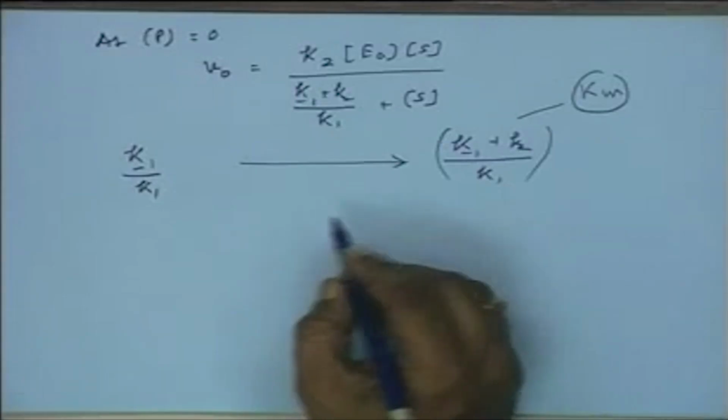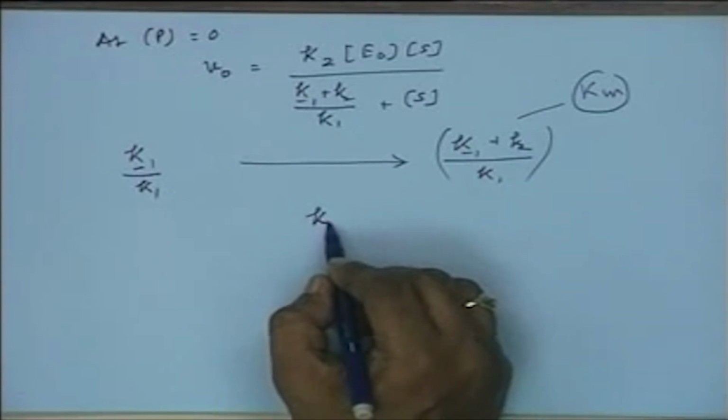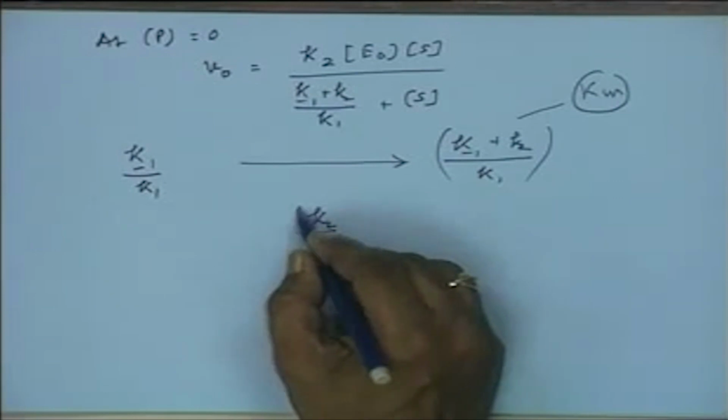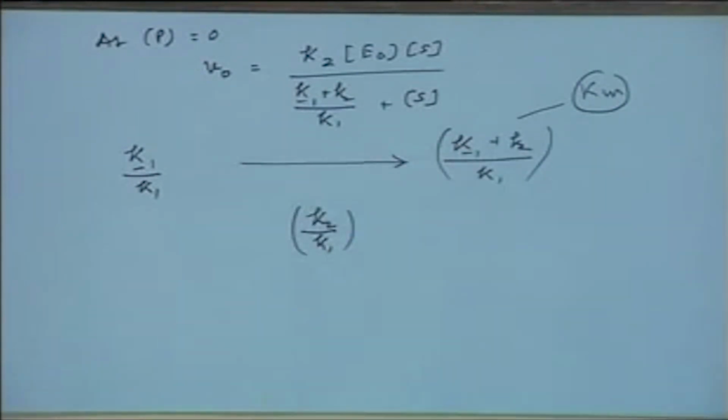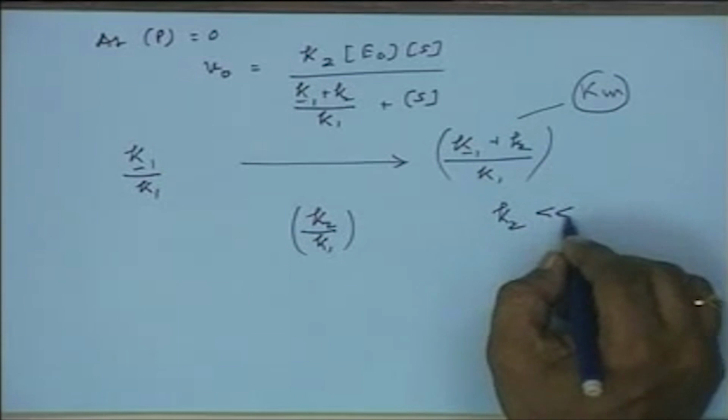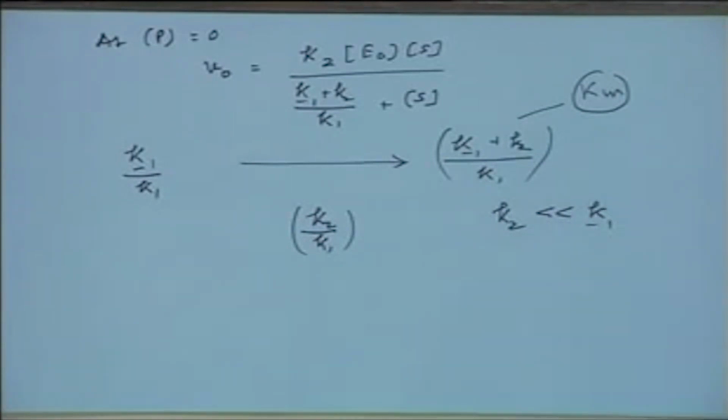The difference lies in the K2 upon K1. The two parameters will become identical if we assume that K2 is much less than K minus 1.